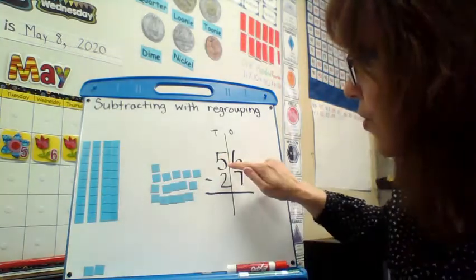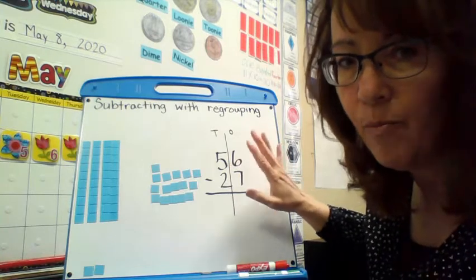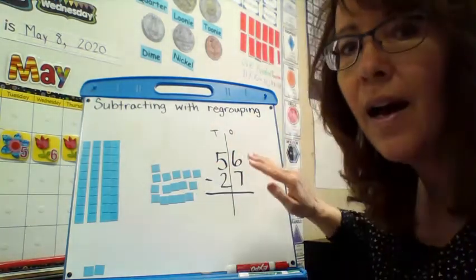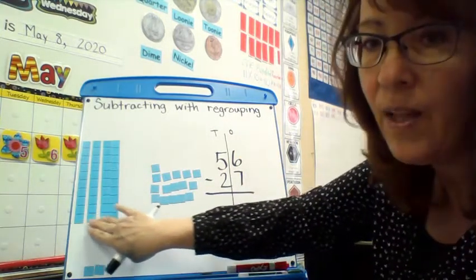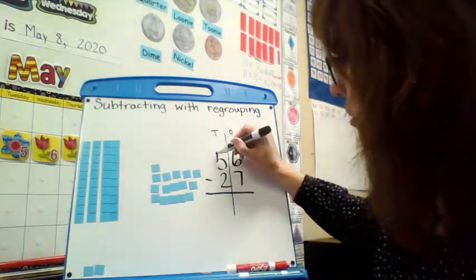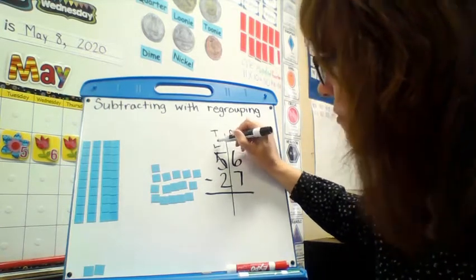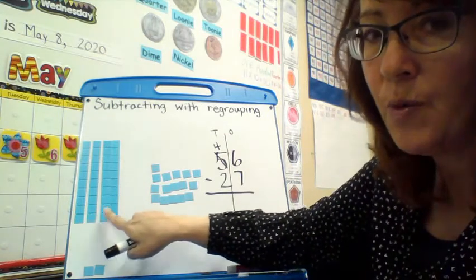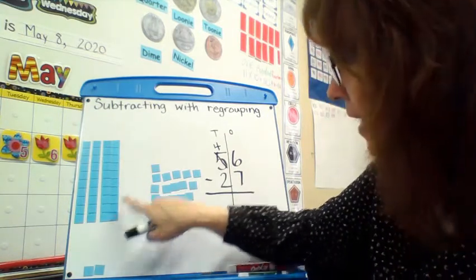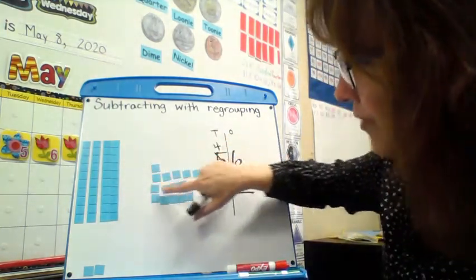I need to show that I've taken that 10, so I know when I get to my tens place that I've regrouped a group of 10. So I want to show now that I have only 4 groups of 10 left. So I'm going to cross out my 5 groups of 10 and show that I only have 4 now. 1 group of 10, 2 groups of 10, 3 groups of 10, 4 groups of 10.